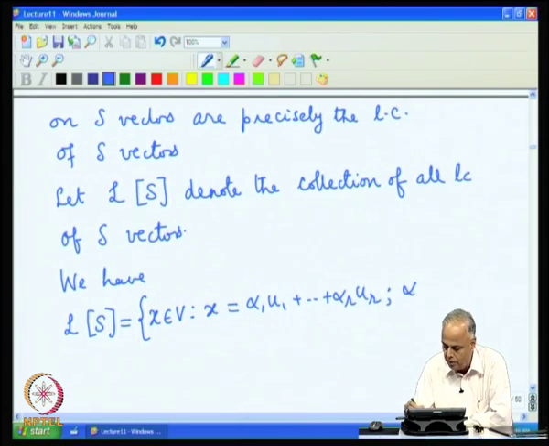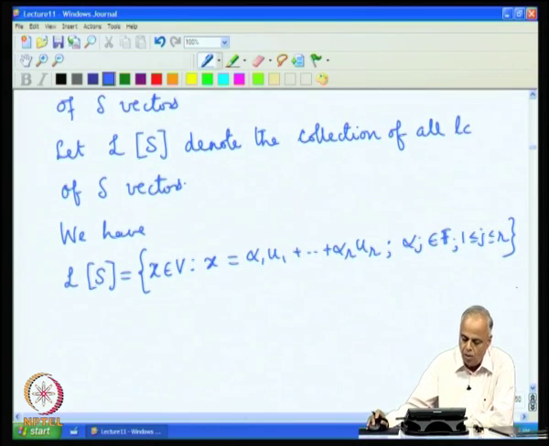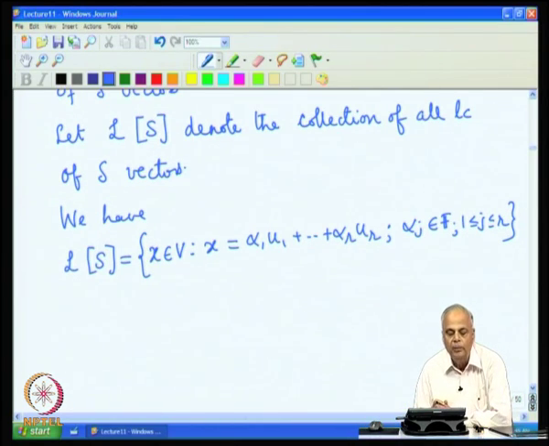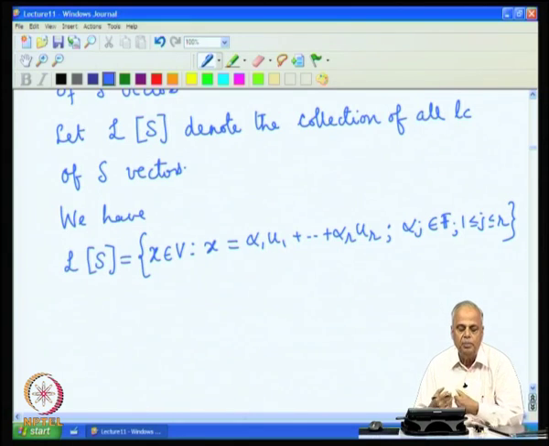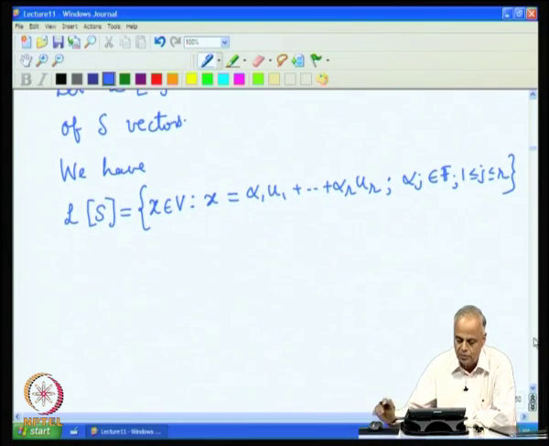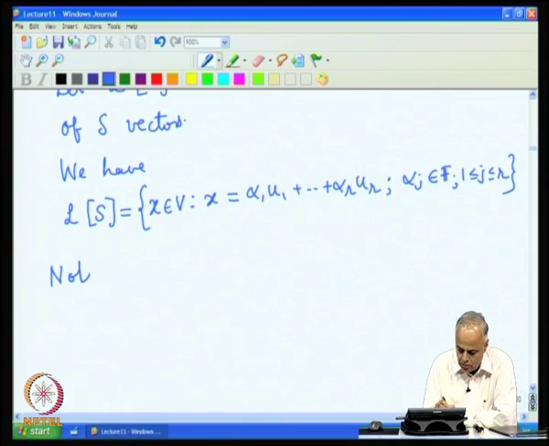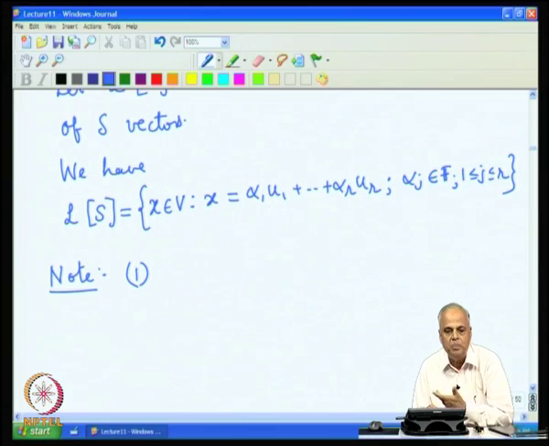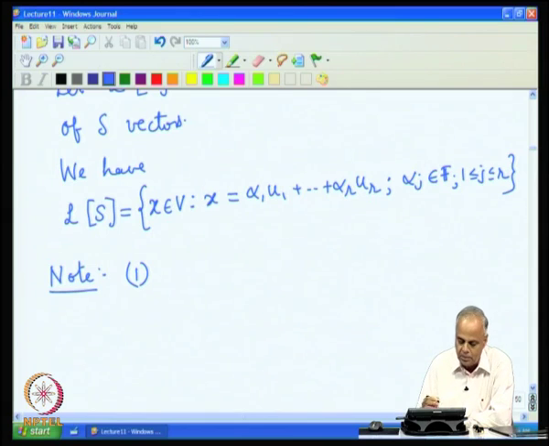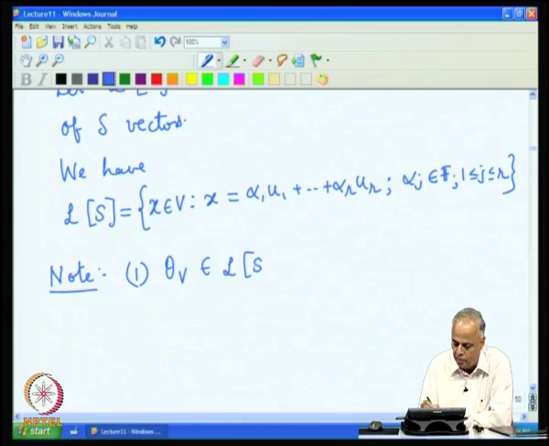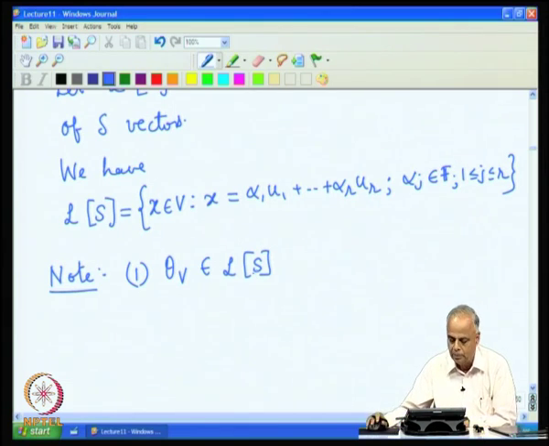So, they are linear combinations, all these coefficients must be in F. So, we collect all the linear combinations of the S vectors, and these are the vectors which we have built using the S vectors. Note, we had observed that the 0 vector can always be obtained as the trivial linear combination of any finite set of vectors, and therefore, the theta vector will always belong to this collection of linear combinations of S vectors.